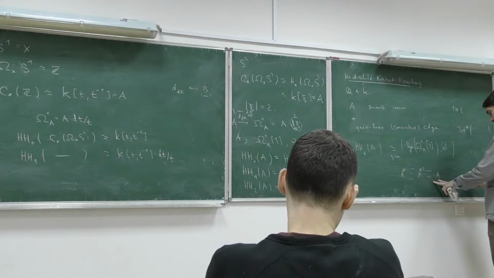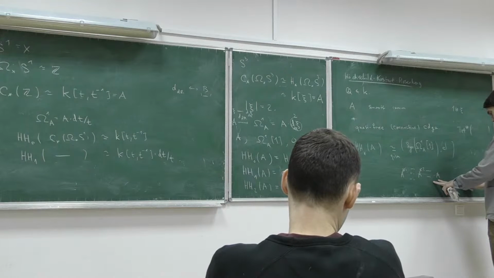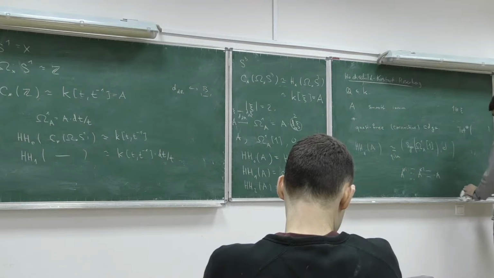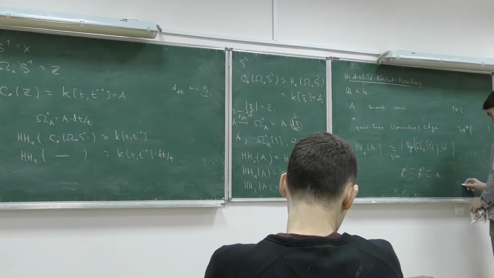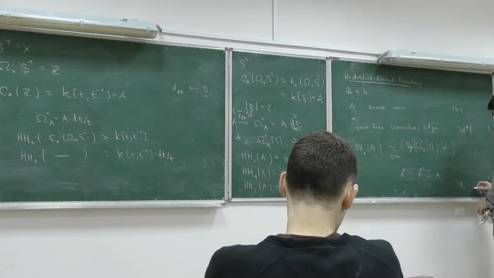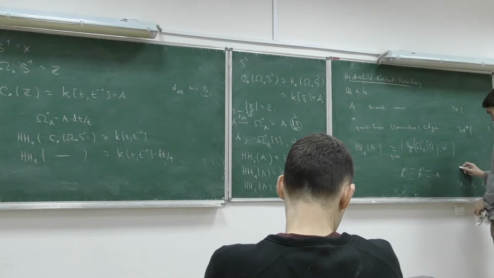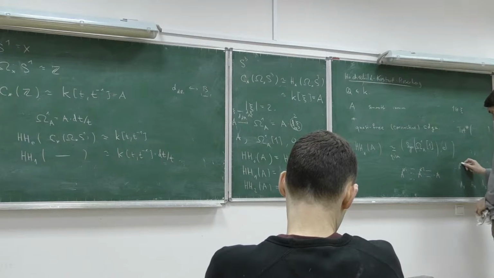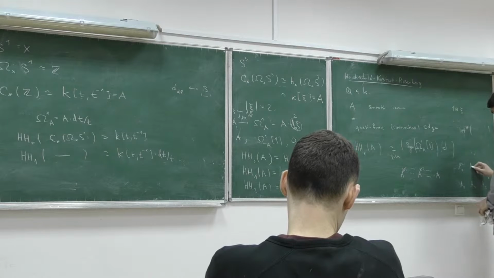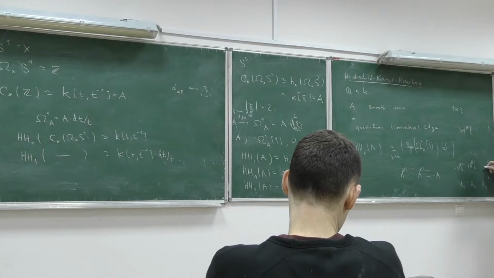So I'll make a double complex in which I'll have A0, A1, A2, and so on. And then I'll have A squared 0, A squared 1, A squared 2, and so on.